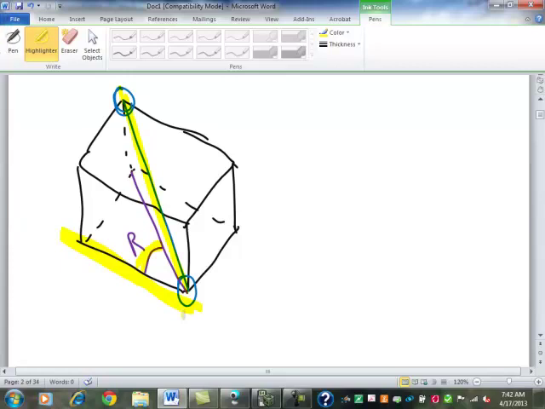The angle of tilt, well, this would be straight up and down. This would be aligned with the drill if we just set it on there flat. So the angle of tilt is going to be this angle right here, T. Now some of the problems we're going to do are going to ask us to find this angle down here, which we'll call angle A.